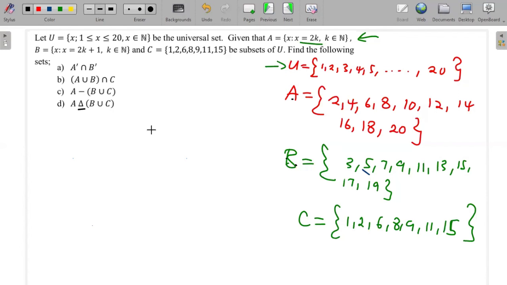Okay, if I wrote A and then the symmetric difference with B, what is this? Anyone who can help us? What would I write on my right-hand side?